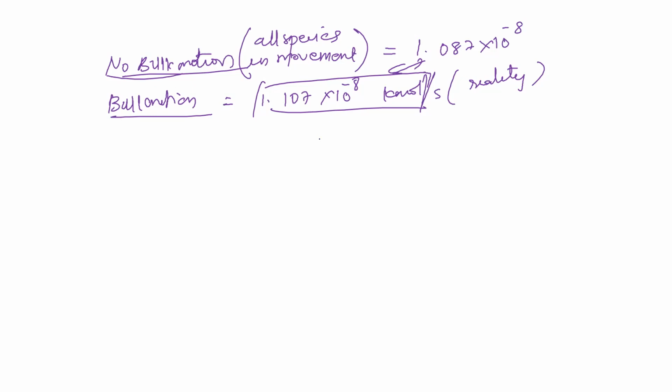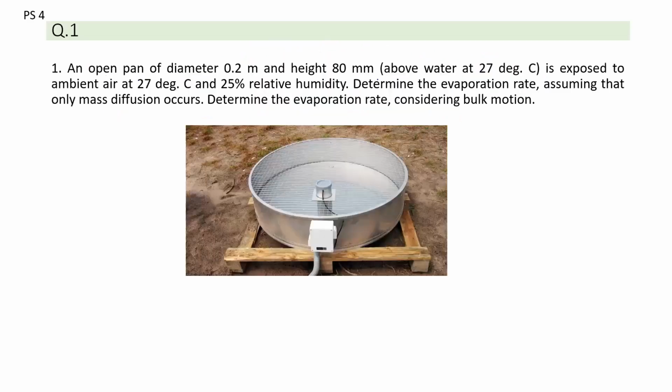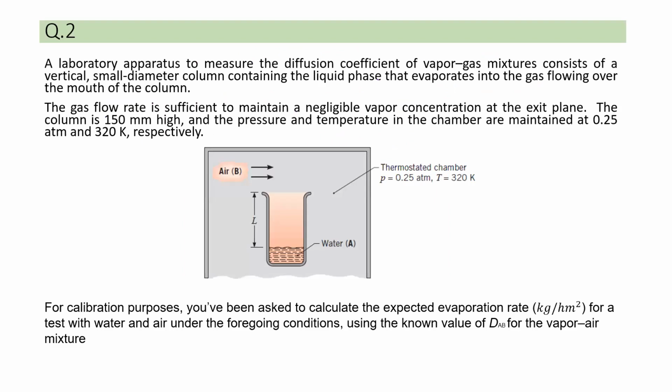So the bulk motion actually tends to increase the evaporation rate. When the ambient conditions are more, that factor will obviously increase, right? So that factor also comes into the picture.